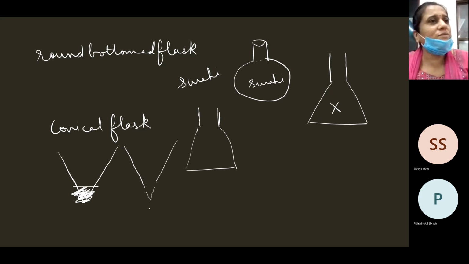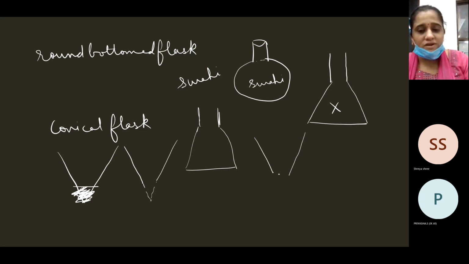Frustum means a part of something. In the dictionary, frustum means a portion of a whole. So this is a frustum of a cone because you can complete it to get the cone.